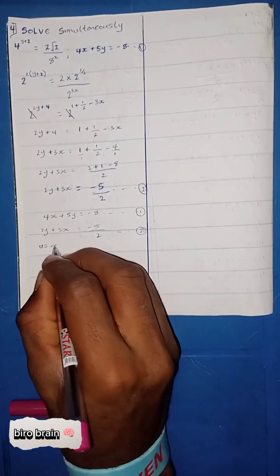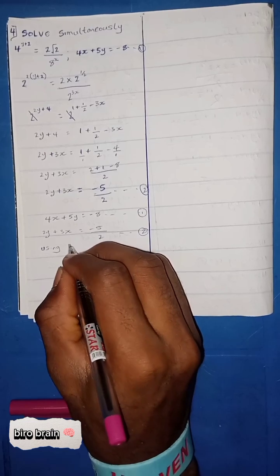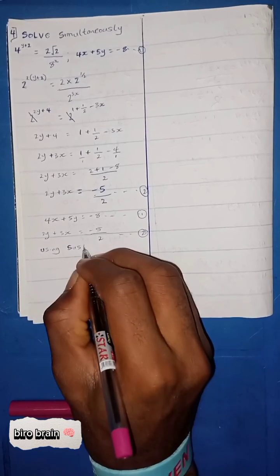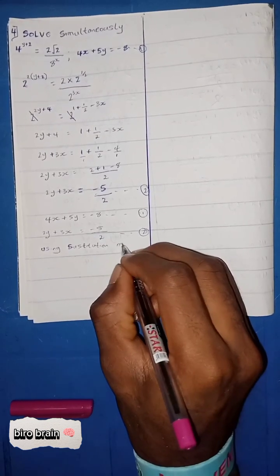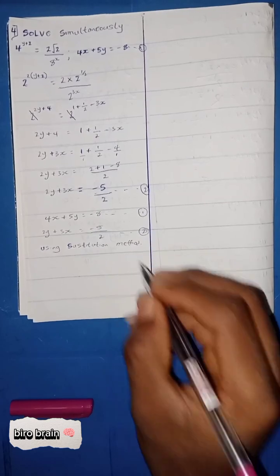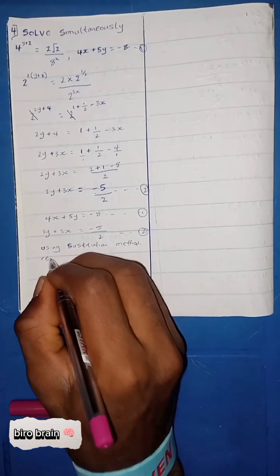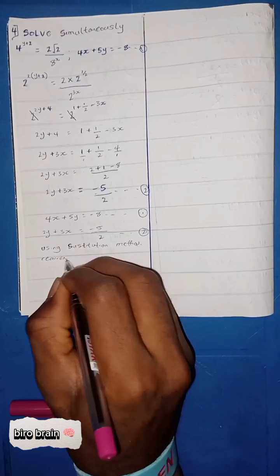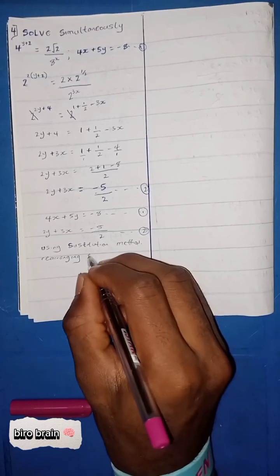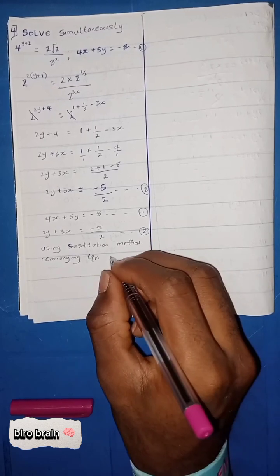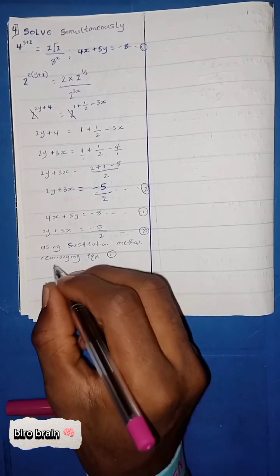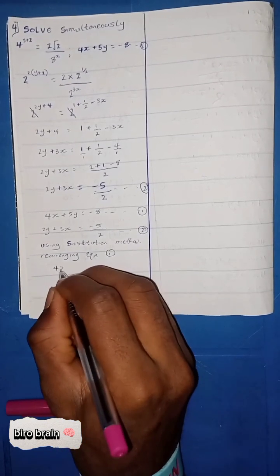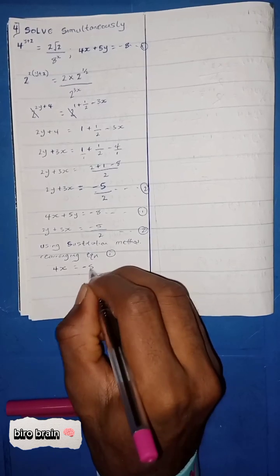So using the substitution method, rearranging equation 1, let's make x the subject of the formula in equation 1. So making x the subject, we have 4x equals minus 8.